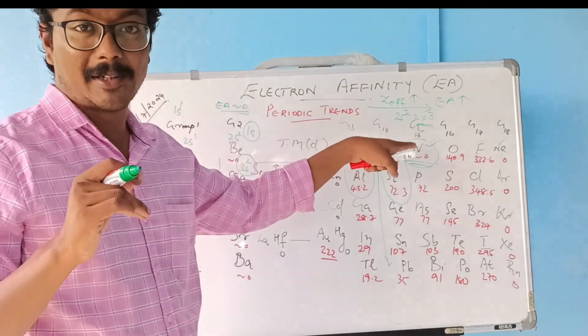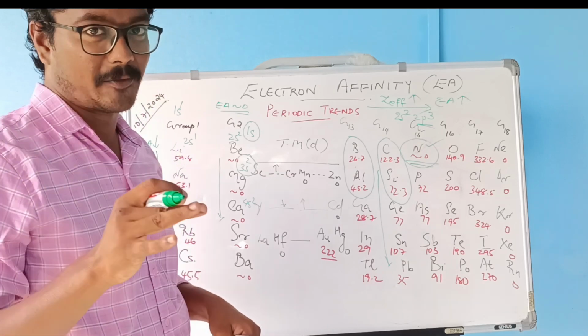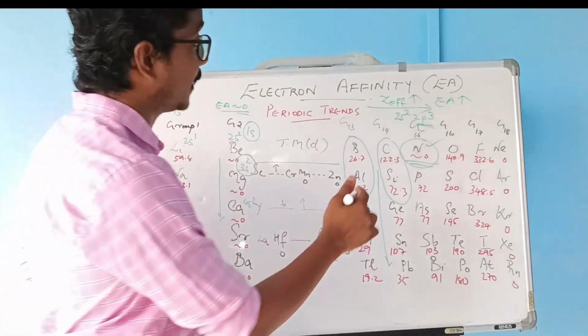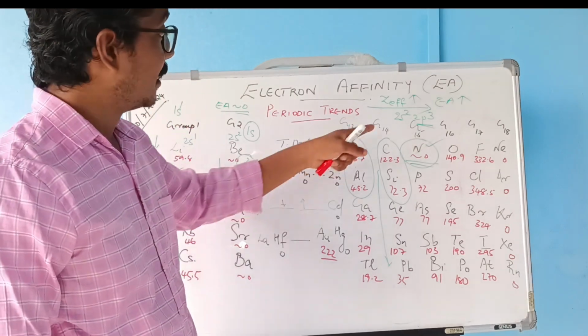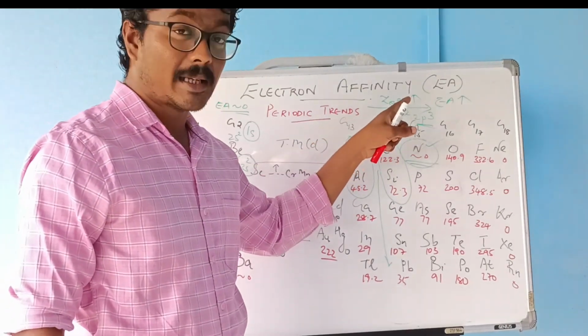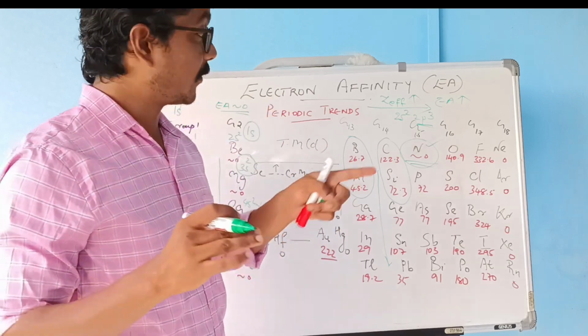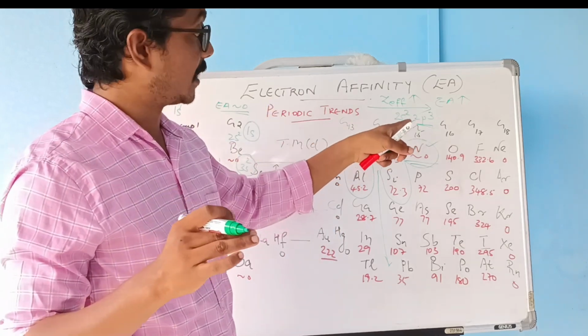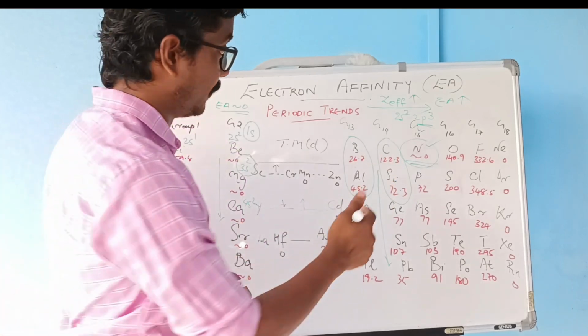Similarly, a half-filled electronic configuration also shows approximately zero electron affinity. So that's the reason why nitrogen shows zero affinity. Due to the half-filled p valence electronic configuration, nitrogen shows zero electron affinity.